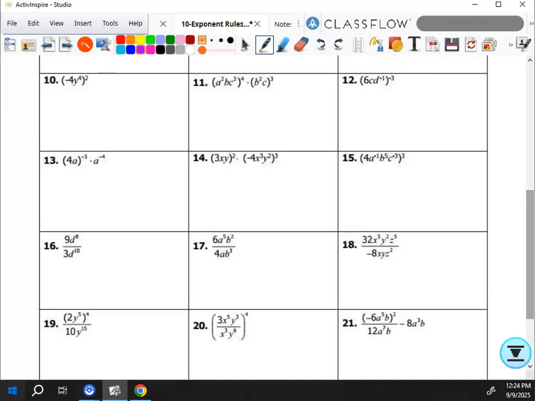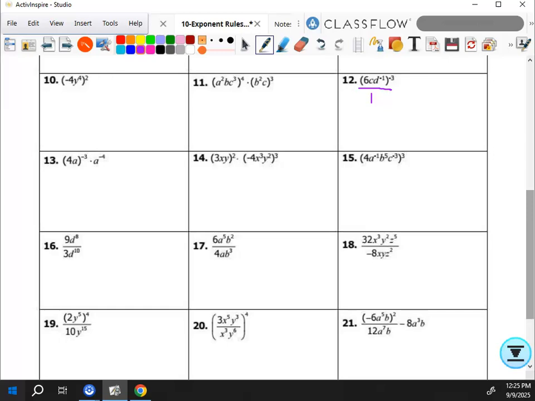This whole parentheses has a negative 3 on it, so I'm going to make it into a fraction. Put it over 1. We're going to work from the outside in. Could I go ahead and distribute that negative 3? Yes, but I'm not going to. Instead, I'm going to take care of the whole thing because it's going to make my life easier.